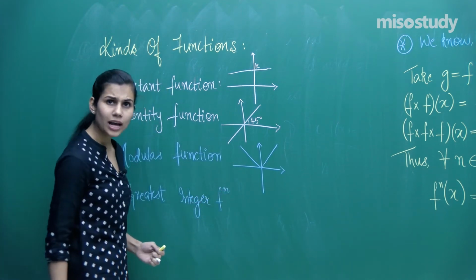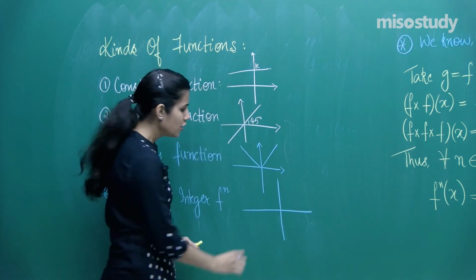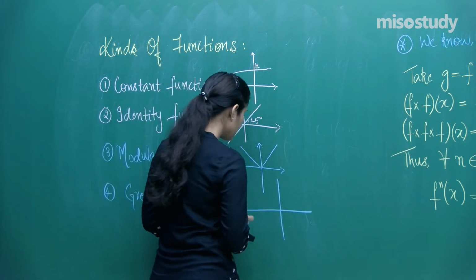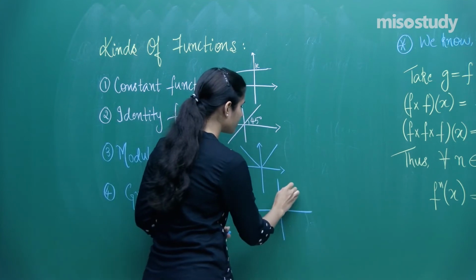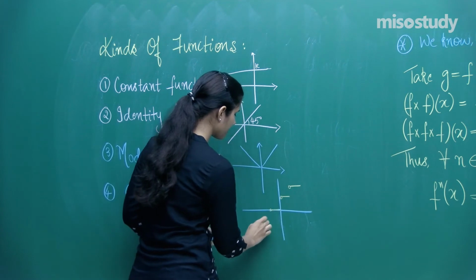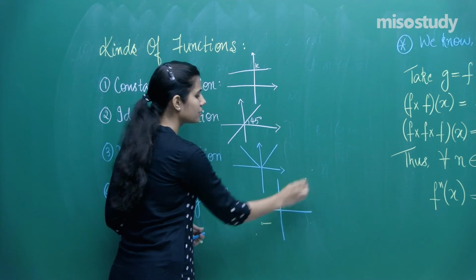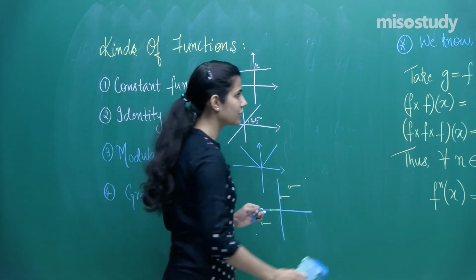And how did that look like? Well, it had steps involved. From 0 to 1, the answer was 1, and I had in picture such a scenario. And this continued. This was my greatest integer function.